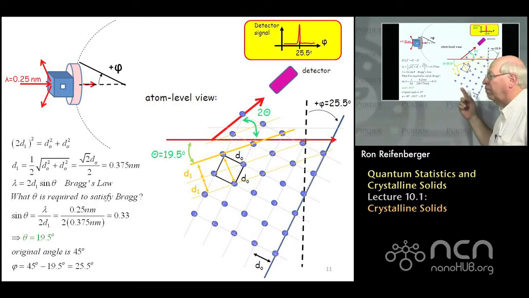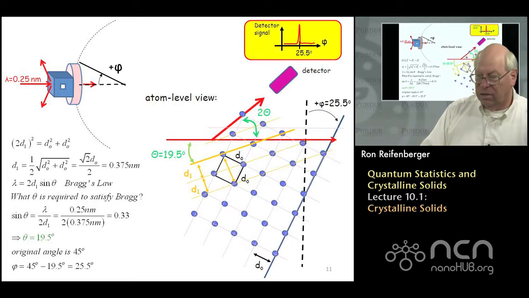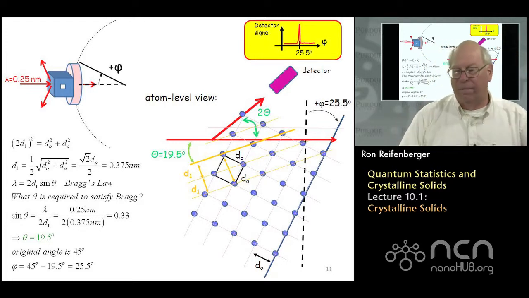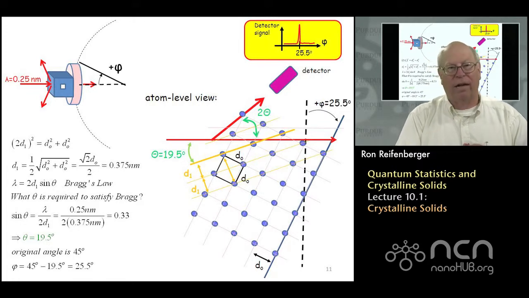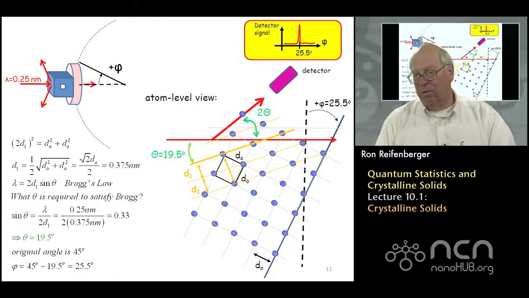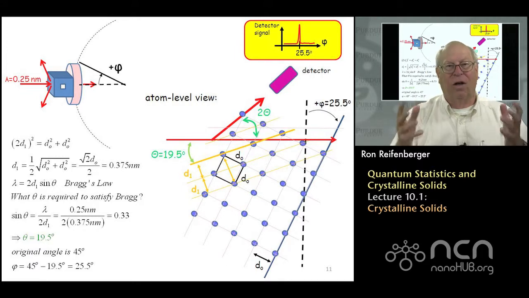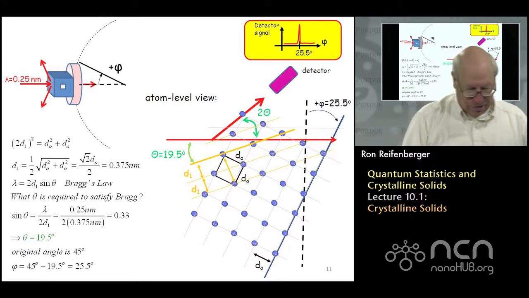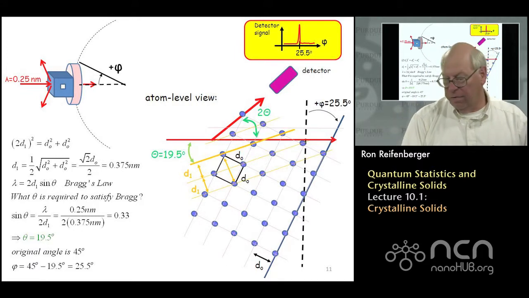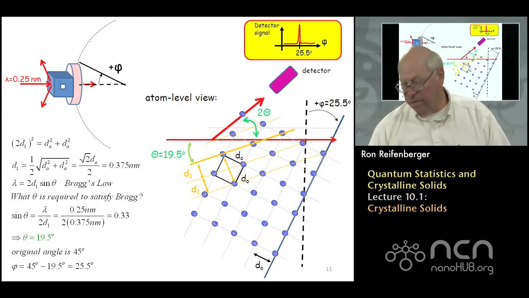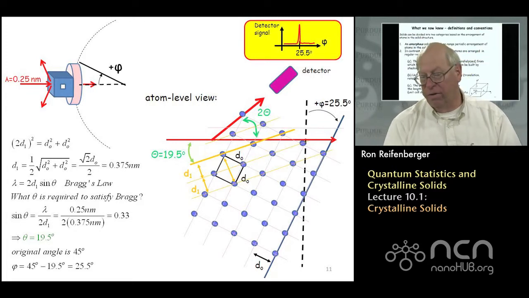And that would confirm that the separation distance between the atoms is what you actually thought it to be, which was, I think, 0.53 nanometers. So this is just an example of the type of experiment that you have to set up in order to use Bragg's law to unravel the crystal structure of crystalline solids. Just a very simple example to give you the idea.